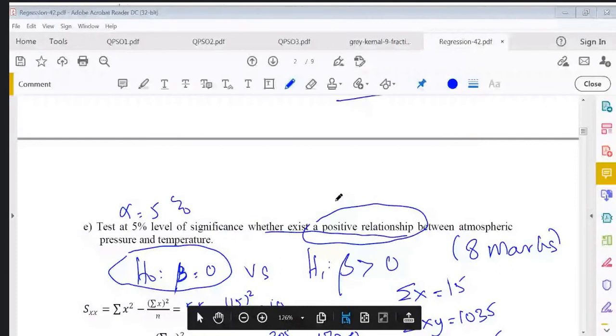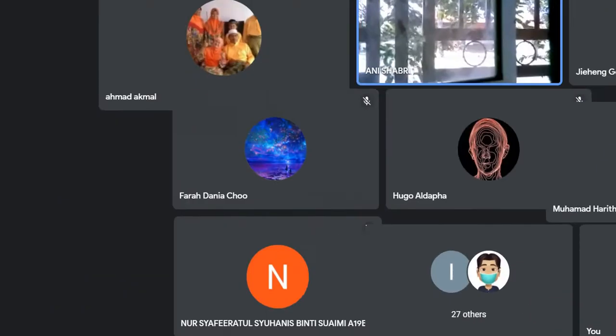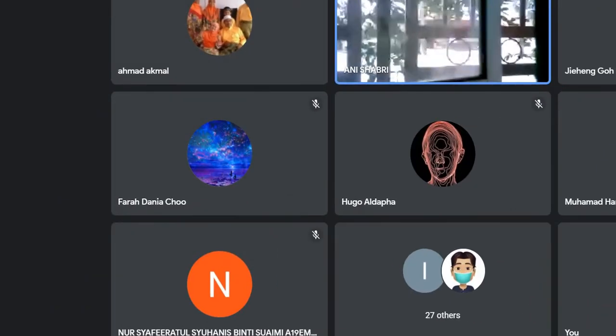Okay, you can see how regression works using Excel. I will explain how you answer. You can analyze the data using Excel.